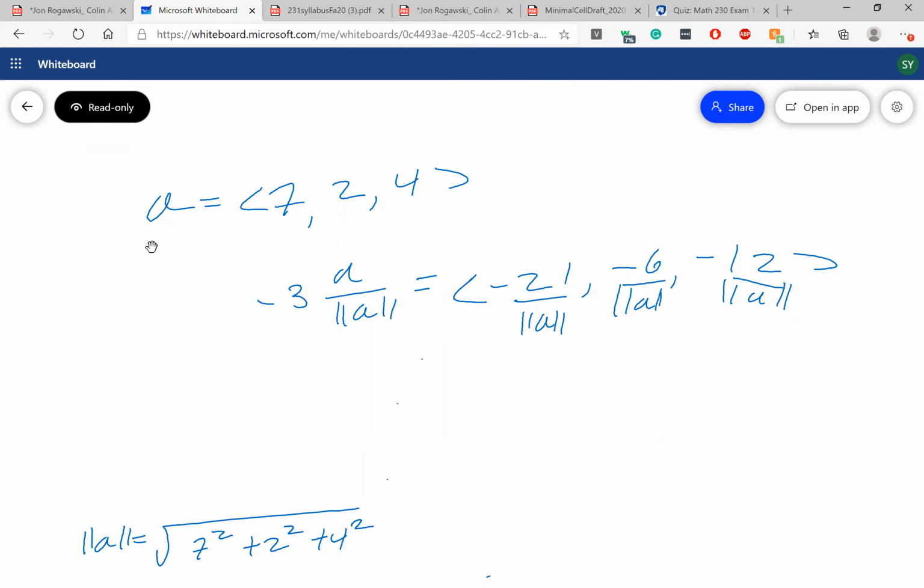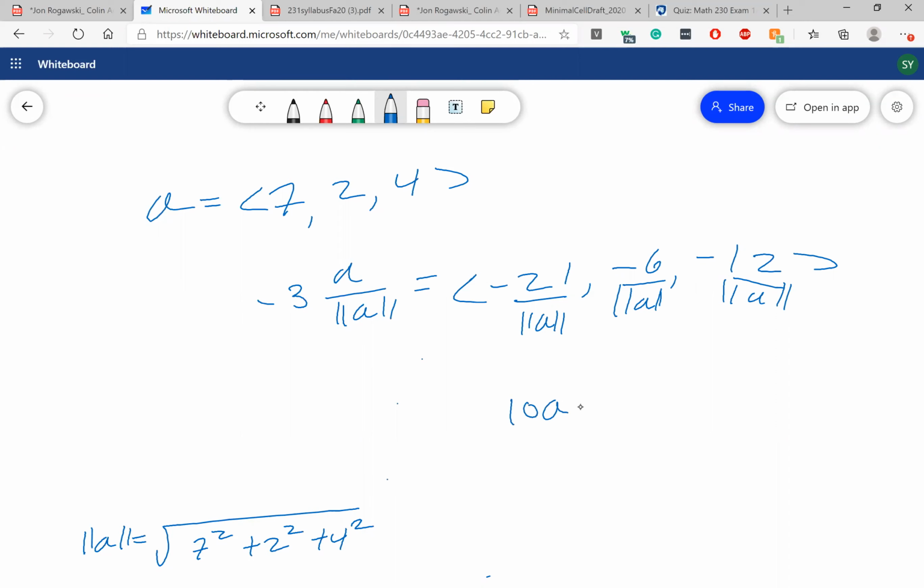Yeah, so 10A cross B. You can think about it like this: here is A, and here is B. 10A is the same direction, just much, much bigger, which means the cross product is going to be a similar vector.